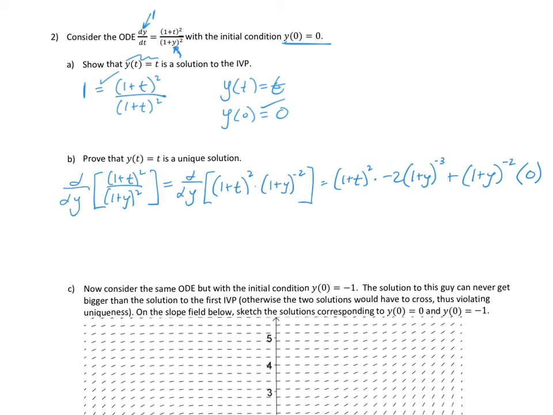So that whole term goes away, and I am left with negative 2 times (1 plus t squared) over (1 plus y) cubed, and that, if I plug in t equals 0 and y equals 0, because that's my initial condition, is continuous, right? I have no problems plugging in those values, which means that I have a unique solution.